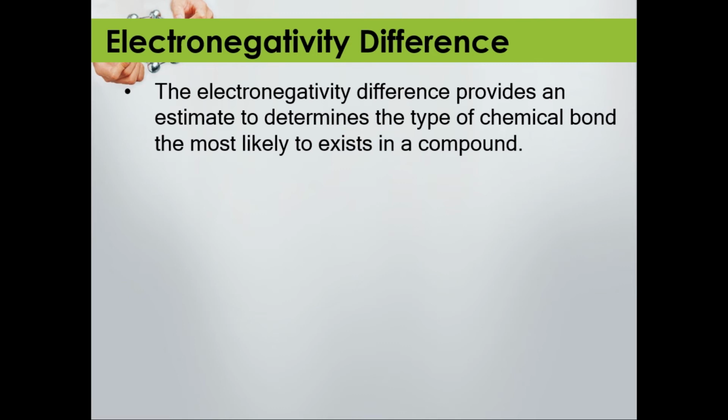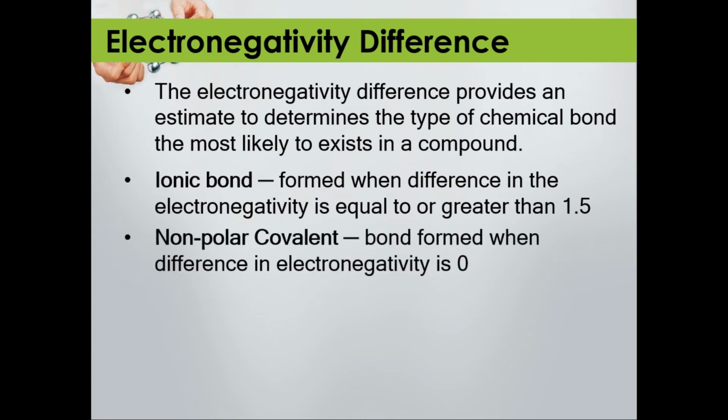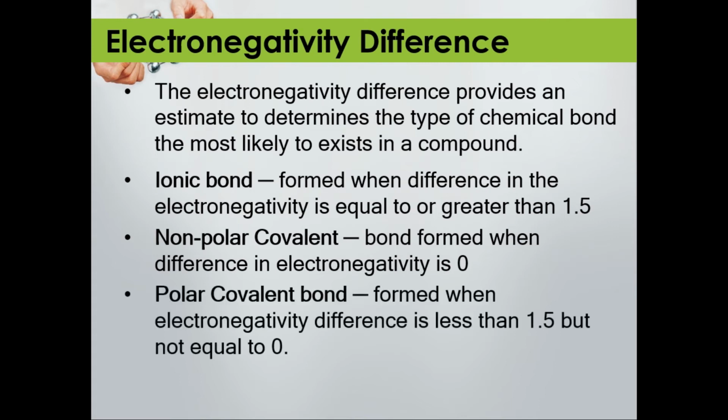An ionic bond is formed when the difference in electronegativity is equal to or greater than 1.5. A nonpolar covalent bond is formed when the difference in electronegativity is 0. And a polar covalent bond is formed when the electronegativity difference is less than 1.5 but not equal to 0.